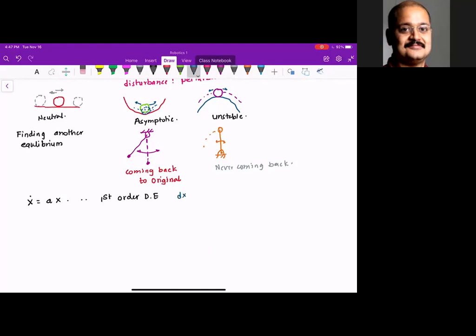Because you have dx by dt is equal to ax. Here, and I'm going to write this for the first time, you have x of t, which is the dependent variable, and t, which is time, is the independent variable.